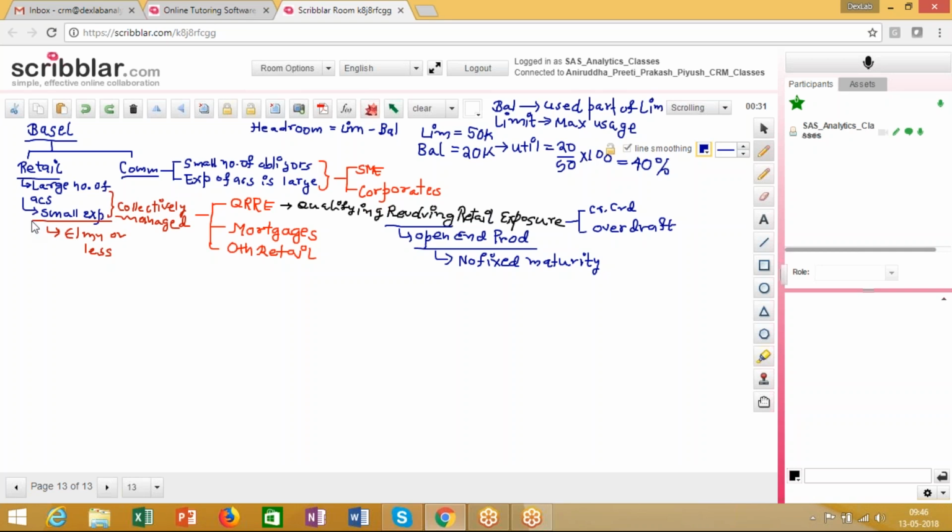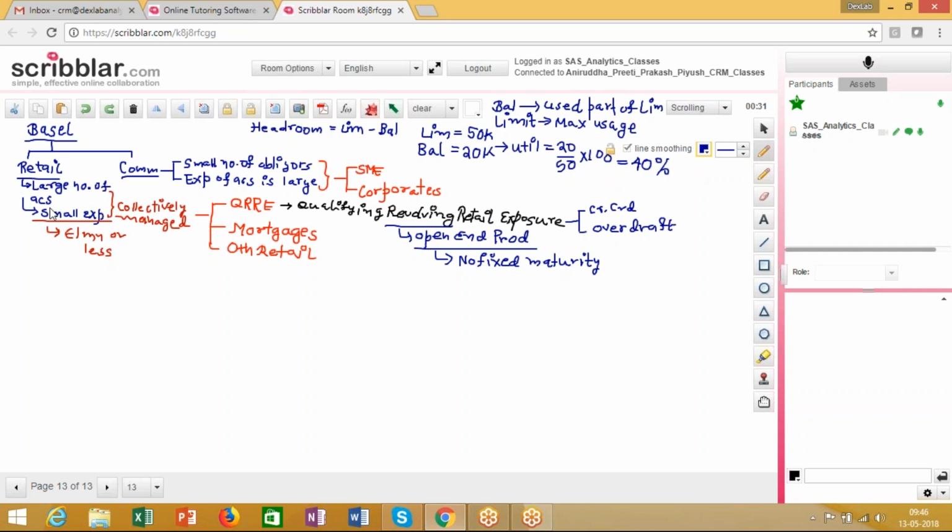So obviously, when we are trying to estimate the riskiness of a borrower, estimating the riskiness associated with a borrower for a revolving product is much more challenging because there are two sources of credit. One is a drawn source and the other is an undrawn source. Before he goes into default, he may just withdraw that amount and then go off to default.